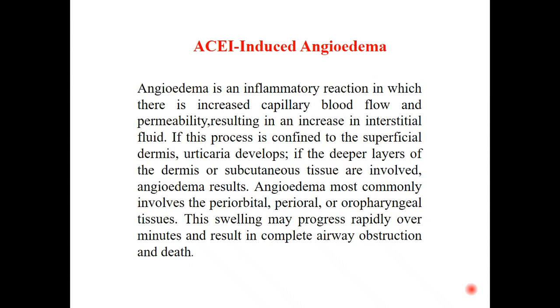Angioedema most commonly involves the periorbital, perioral, or oropharyngeal tissue as shown in the pictures below. This swelling may progress rapidly over minutes and results in complete airway obstruction and death.